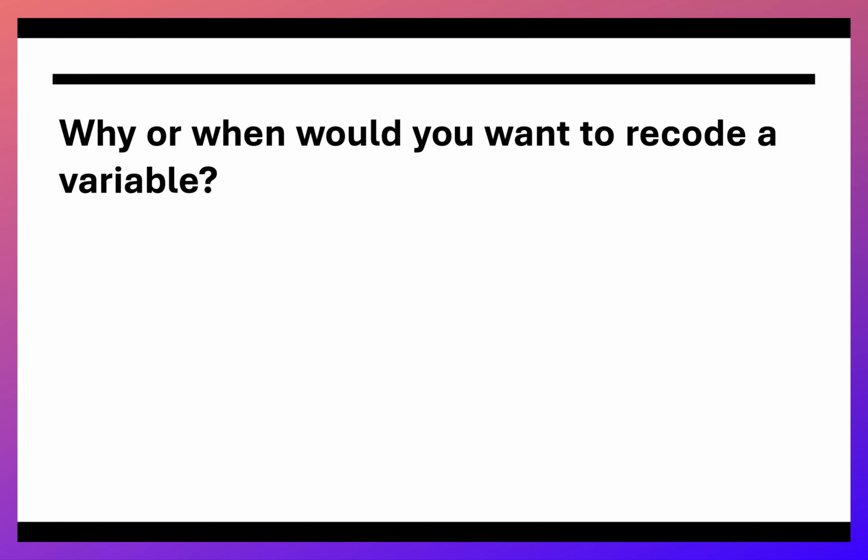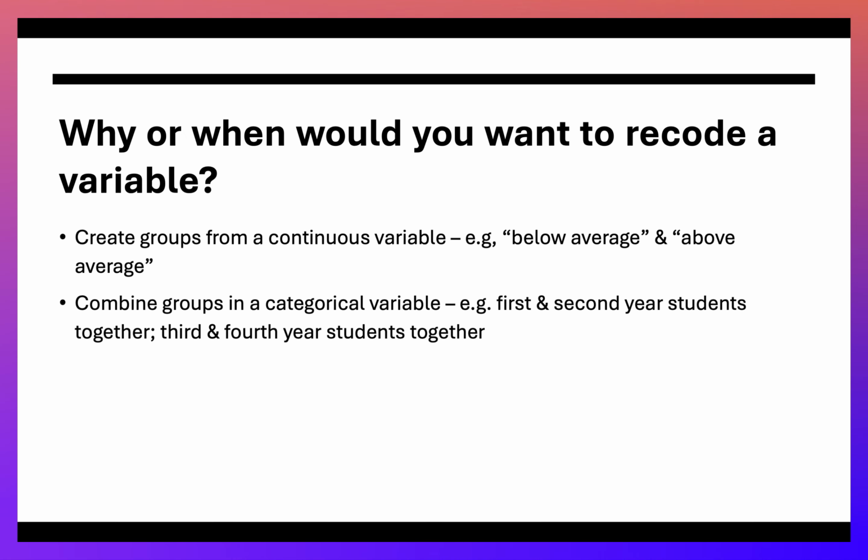Okay, in addition to computing and transforming variables, sometimes you want to recode variables. One example would be if you want to create groups from a continuous variable, like maybe you know that your average GPA is 2.99 and you'd like to create two groups, students with GPAs below the average and then above the average.